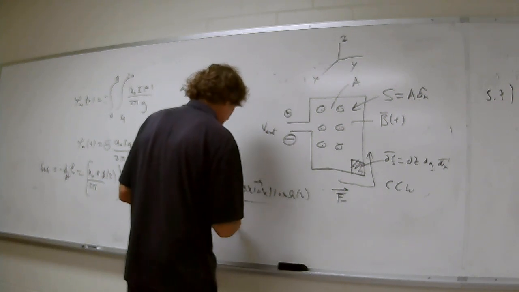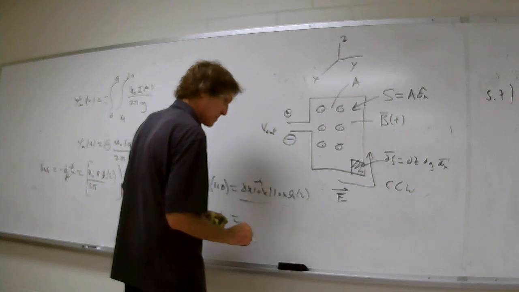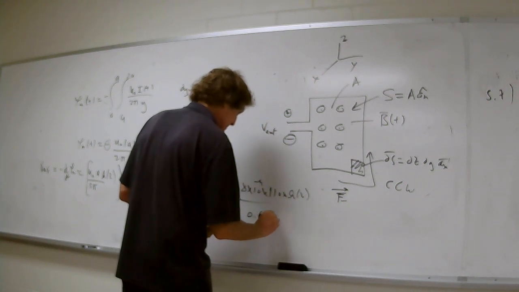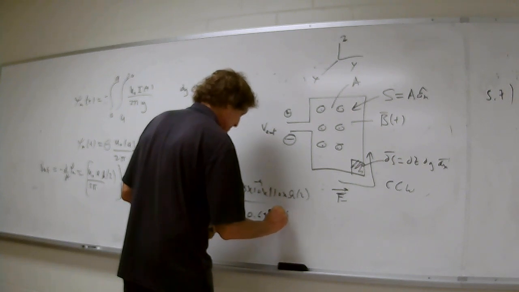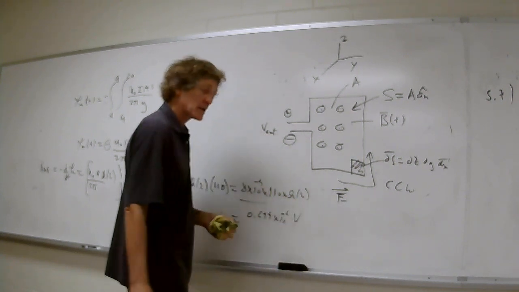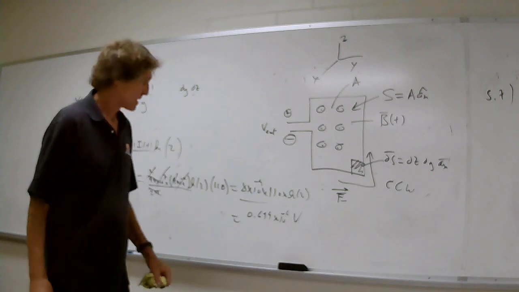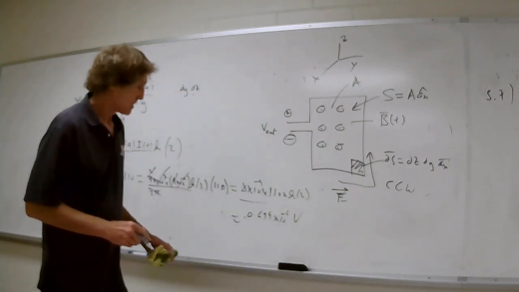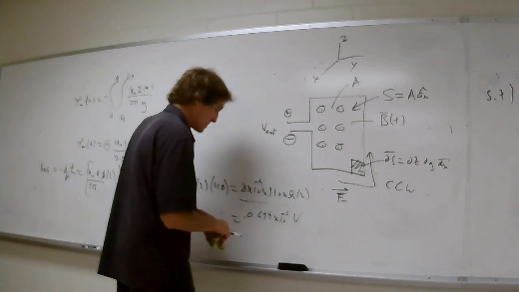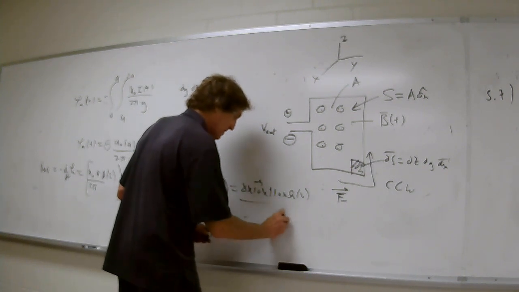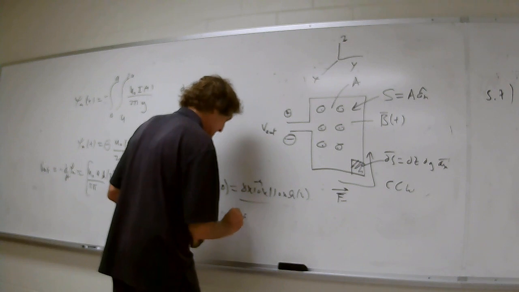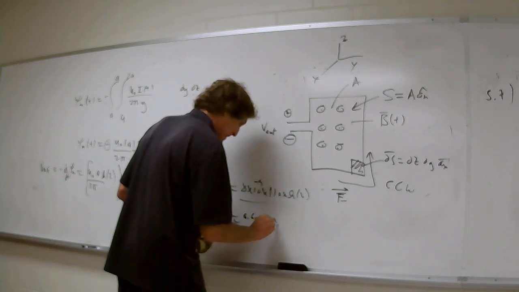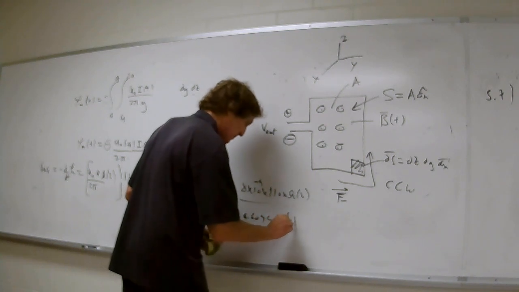What did you get? 0.6099 microvolts. Yeah, and it becomes 8.8 times 10 to the negative 7th times ln 2, which becomes... Anybody see what the answer is? There's a 0 between the 6 and the 9. 0.6099 times 10 to the minus 6 volts, right?